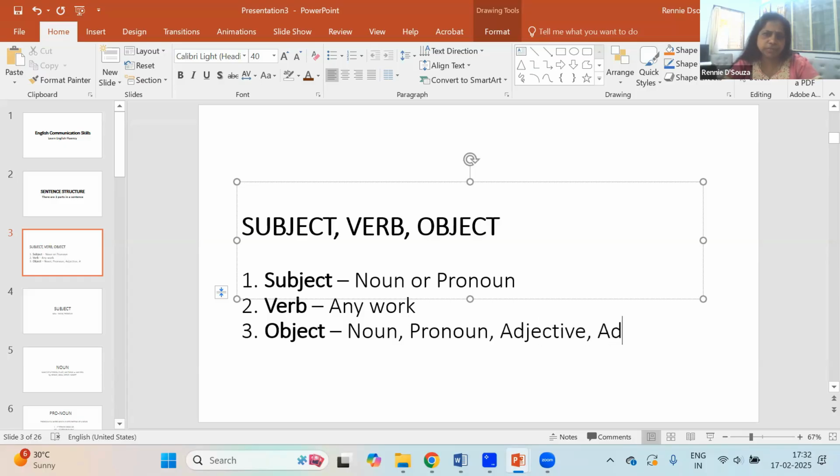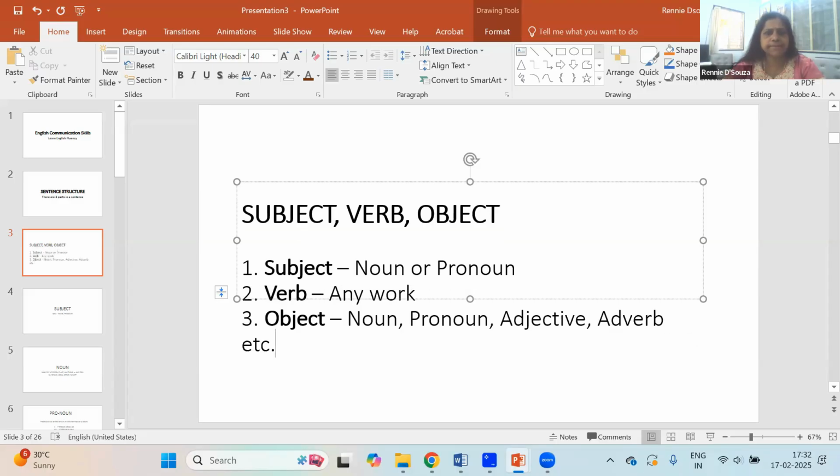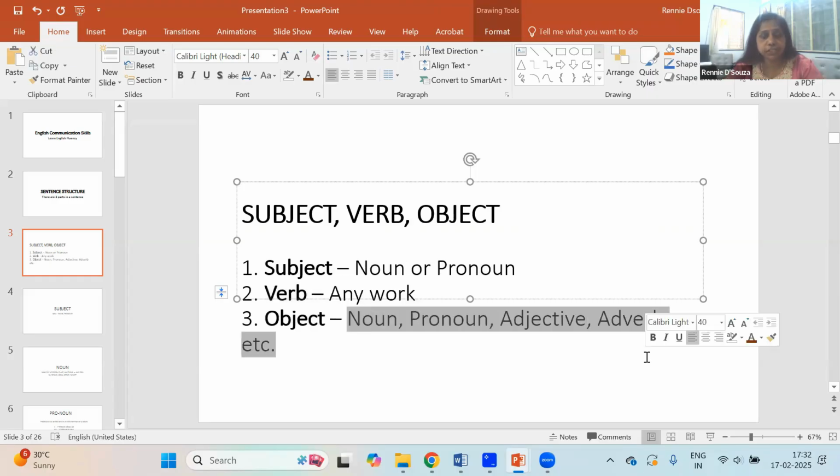That's the reason we get all the remaining things in object. That can be noun, pronoun, adjective, adverb, etc. And these are the three important parts which we use in a sentence. Alright?